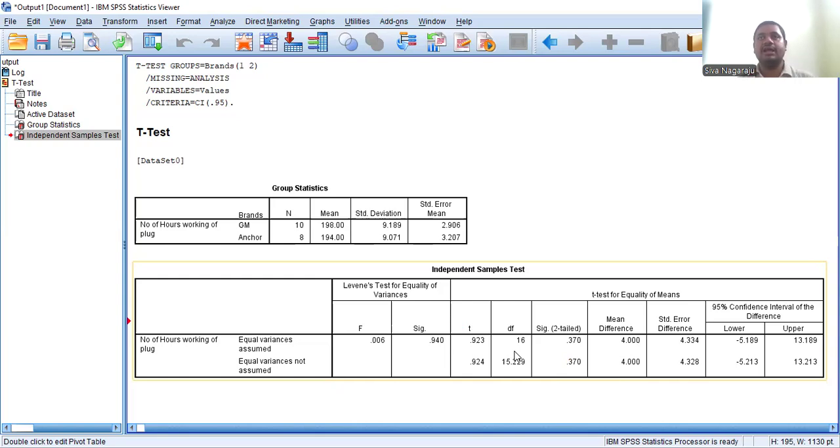Then it says that GM and Anchor do not show any impact. Therefore, you can give a suggestion to the client that you can buy any one of the brands. Generally, we see which brand is quoted less and purchase that. Is it clear, all of you?